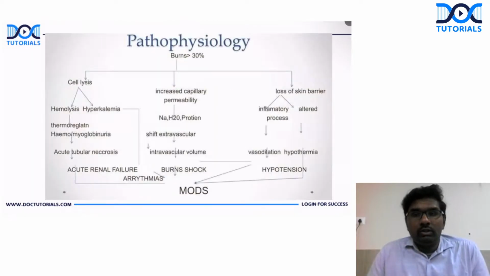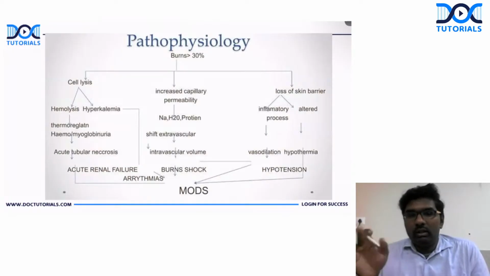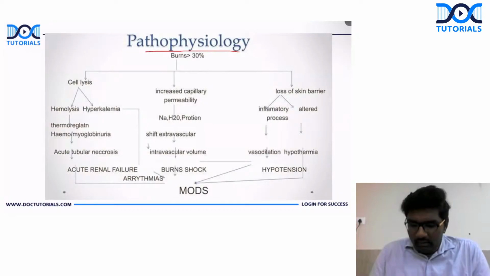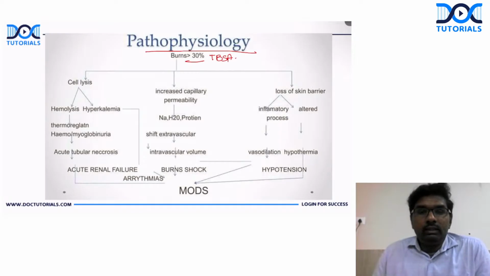So coming to the pathophysiology, after introduction, classification, and how to calculate the total body surface area, and about the zone of stasis and zones of burn, we are coming into the pathophysiology topic here. In case of severe burns, that is, if the total body surface area involved is more than 30%, this can cause cell lysis.